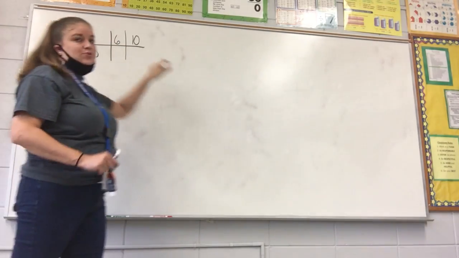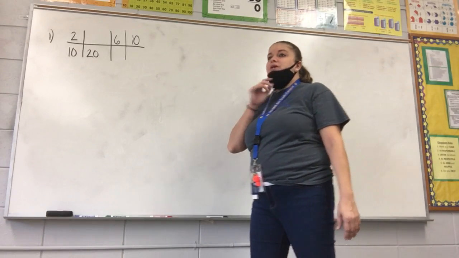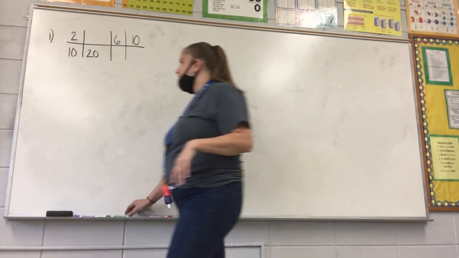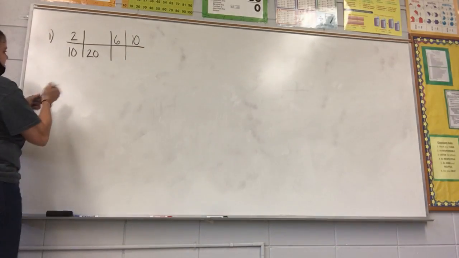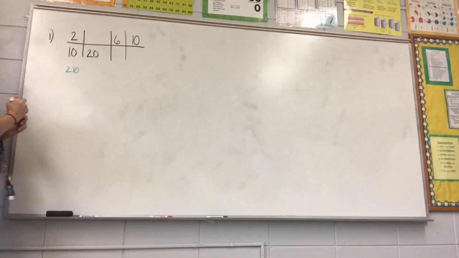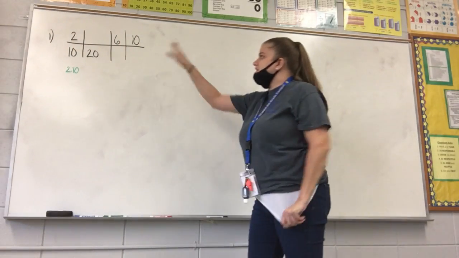We have 3 blanks that we need to fill in. So, I'm going to start by using the full ratio that I have. What is the full ratio that I have? 2 to 10. Okay, so I know 2 to 10 is my full ratio, so I'm going to start right there. And I'm going to determine what goes in these other blanks.